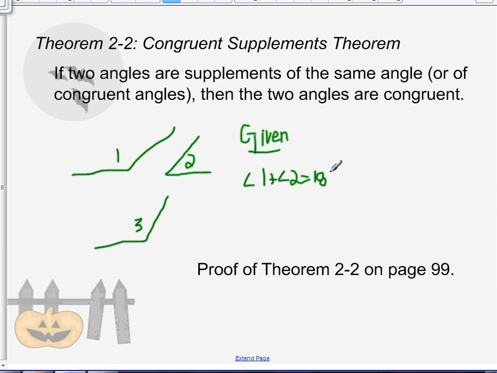All right, now I'm also going to say that angle 1 is congruent to angle 3, sorry, not angle 2.